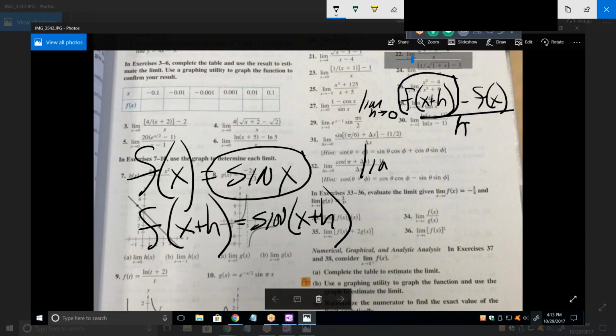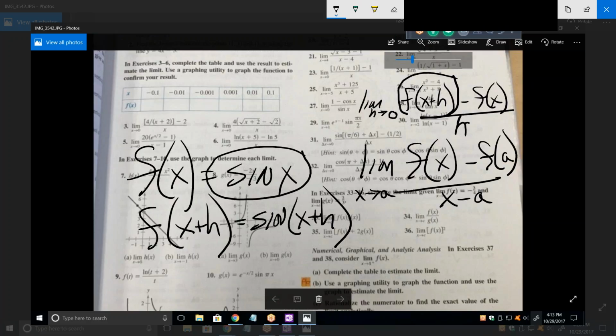Did you not also get this one? f of x minus f of a all over x minus a as x approaches a. That is a more limited version of that.